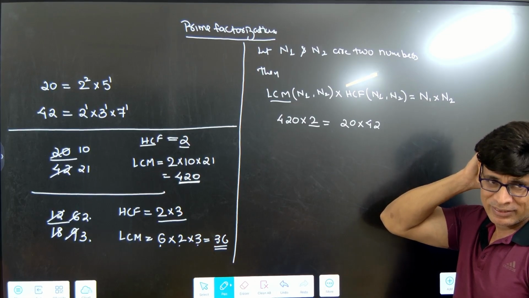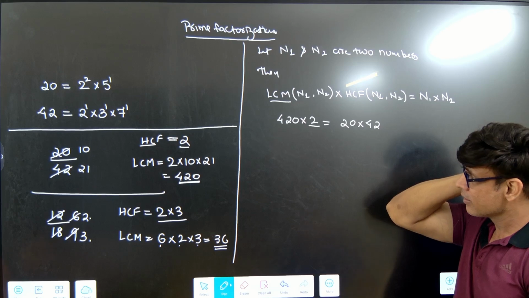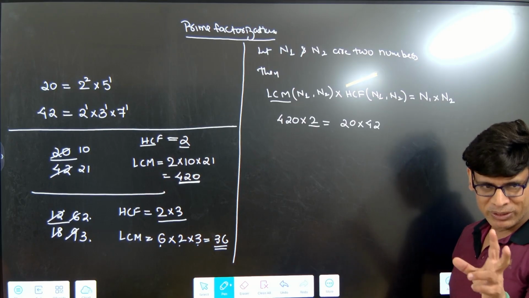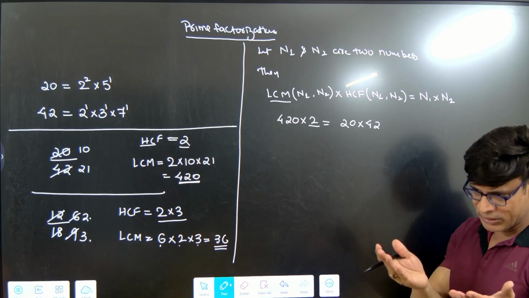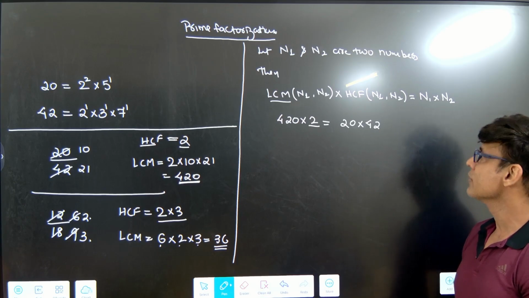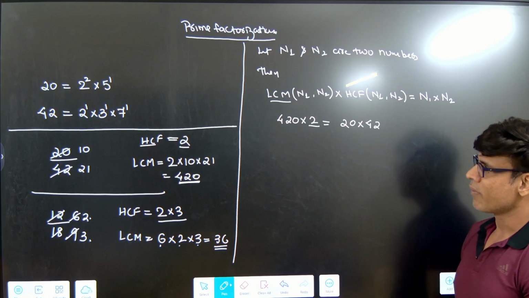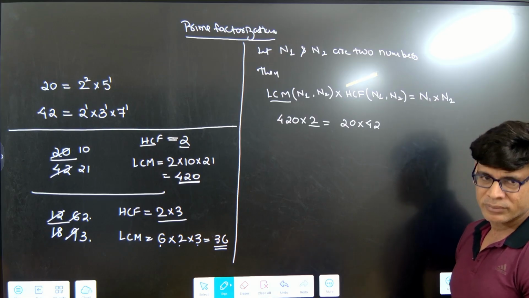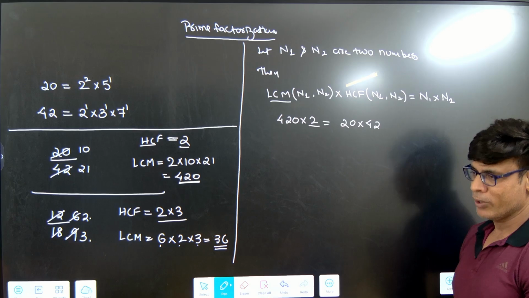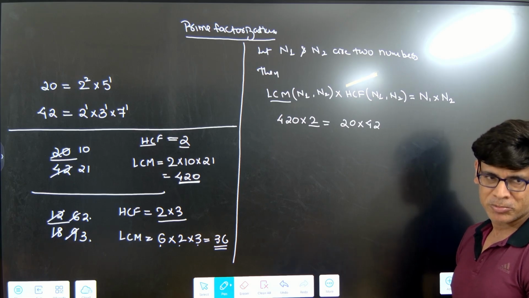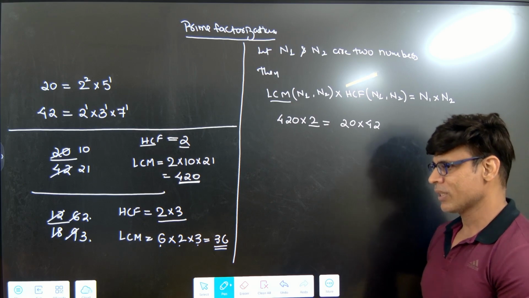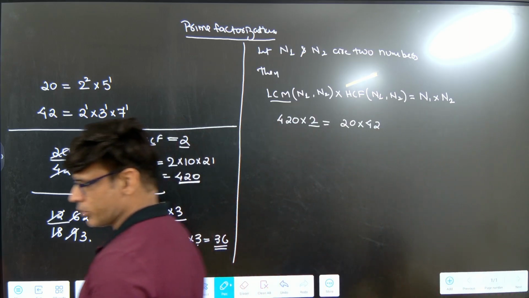So sorry, you were saying that ये वाला जो example लिया ना, 420 into 2, हाँ, वो वापस से बताओगे please? ये formula है कि if there are two numbers, only for two numbers, their LCM into HCF का product is also equal to product of two numbers. Yes, N1 into N2 are the two numbers. Oh yeah, I remember this, LCM into HCF. So this formula holds true for two numbers, not more than two numbers. If you find LCM and HCF of more than two numbers, this formula does not apply. Understood?